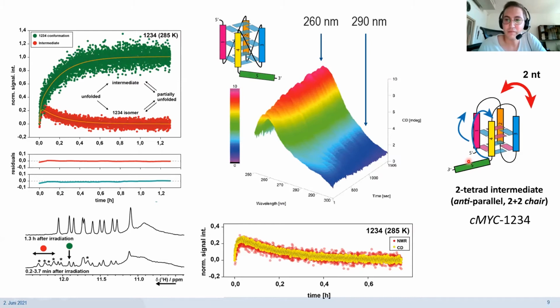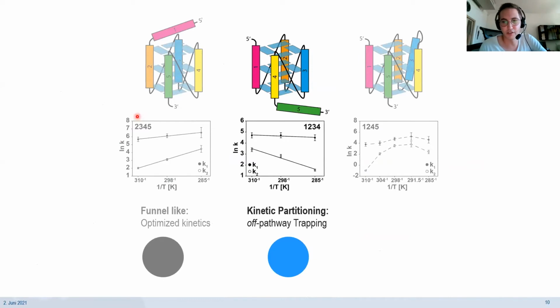However, this intermediate state is an anti-parallel topology, meaning it has to be completely unfolded and refolded again in order to transform into the major conformation. And this gives rise to the positive activation energy we see in the experiments. So the underlying folding mechanism here is real kinetic partitioning, and we see off-pathway trapping with intermediate states of lifetimes of up to several minutes.